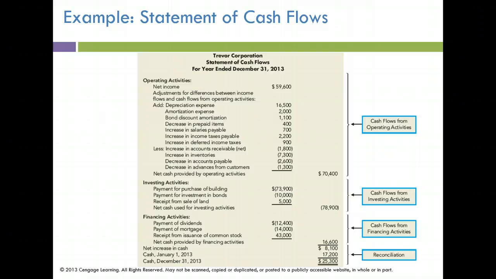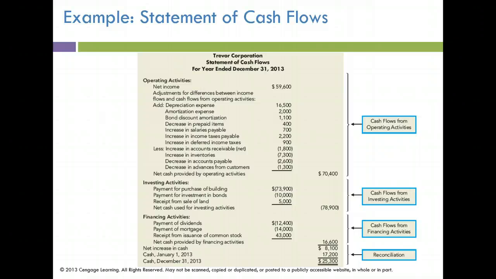So we used up some assets that we really didn't need cash for because we started the year with that prepaid. So even though it shows on our income statement as an expense, did we really use cash this year to pay for it? Do you get what I'm saying? Well, so we'll add that back.